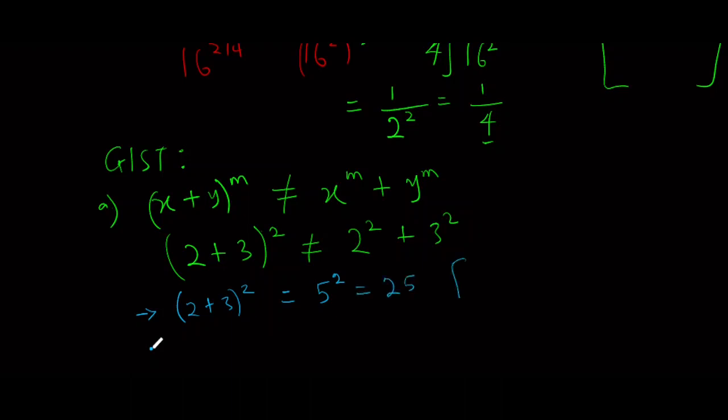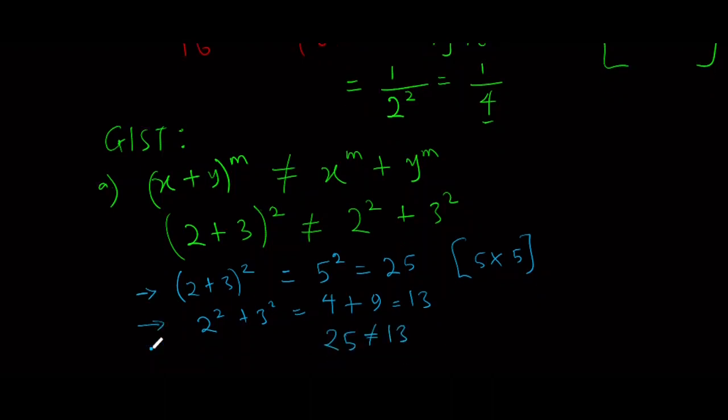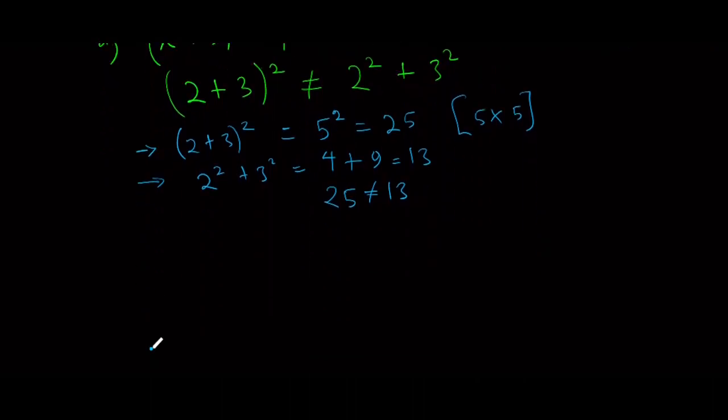But if we consider the right hand side, 2 square plus 3 square, 2 square will give us 4 plus 3 square will give us 9, and that gives us 13. So 25 is not equal to 13. You have to be mindful of that expression.